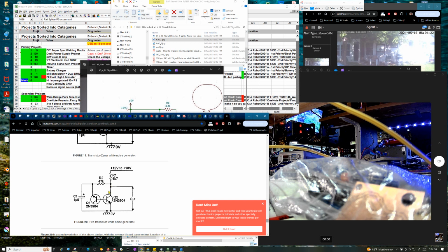With a little simple math you can figure out where this thing's going to operate. We've got roughly a 5 or 6 volt drop here, 0.6 volt drop here, so you're going to have a 6, 7 volt drop across this. The difference between this and this is basically going to determine what the bias current is.